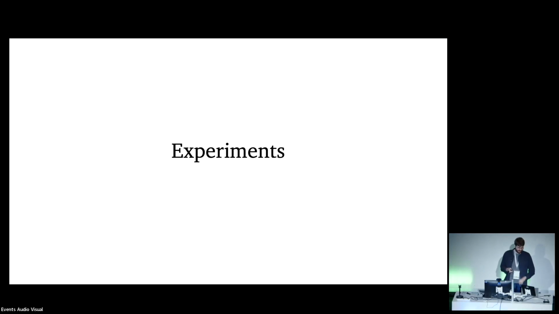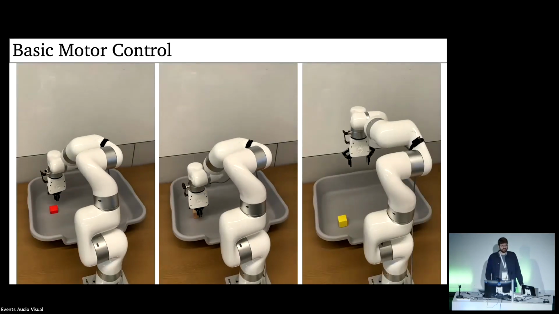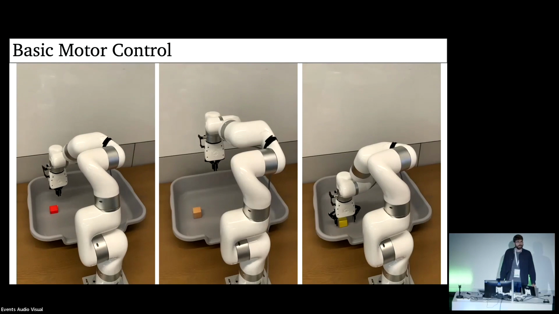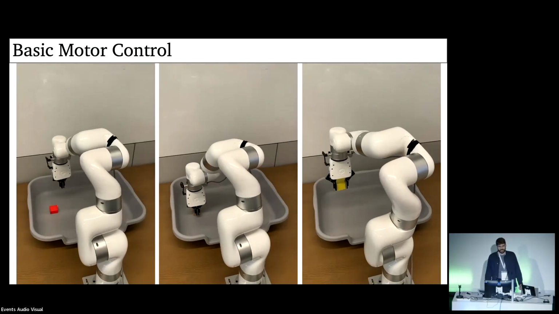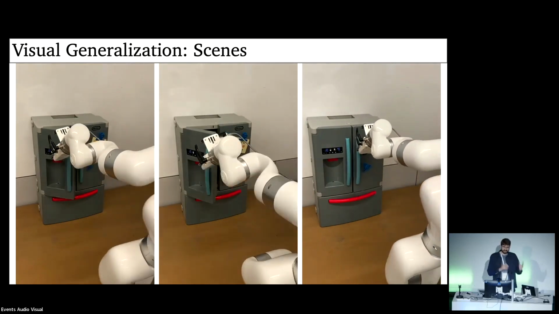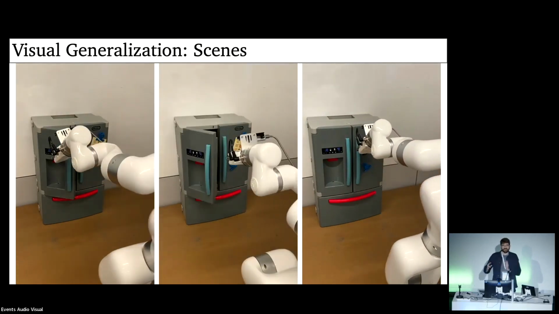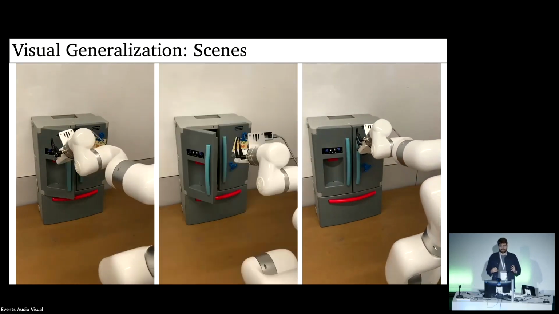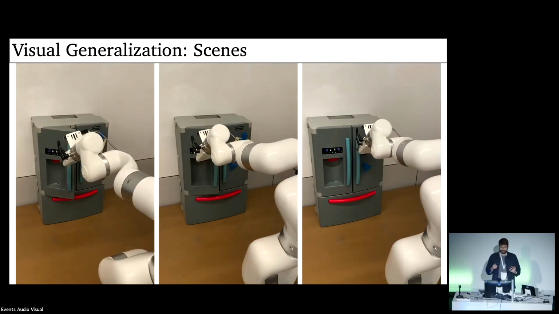I'll now go to our experiments. First, we consider basic motor control tasks such as visual reaching, pushing, and picking objects. We also consider variations in scenes, visual generalization to things like a toy fridge, where we move the fridge around, randomize the fridge angle, and the task is to close the door.